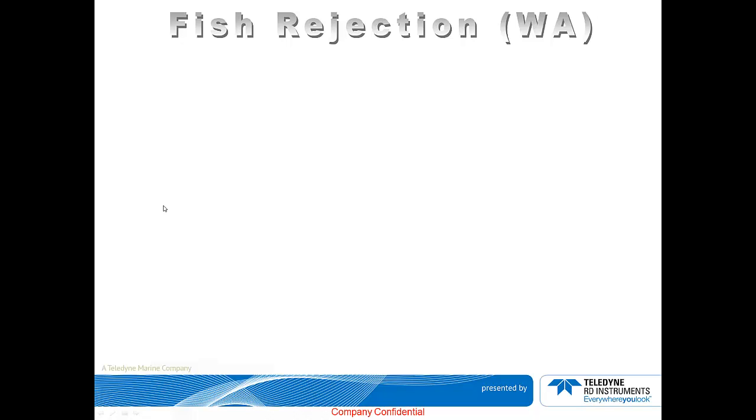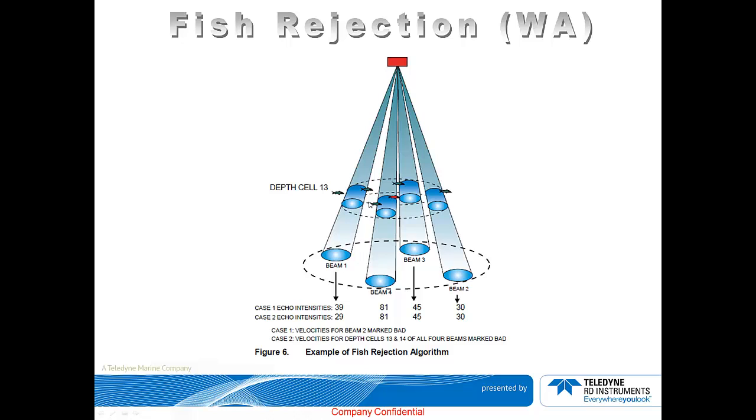This parameter is similar to the BA parameter which we discussed earlier with bottom tracking. However, the difference is that with WA or fish rejection, the DVL screens for echo intensities that exceed the WA threshold. Anything that exceeds this threshold is considered bad and must be rejected. Anything below is considered good and included in the processing.